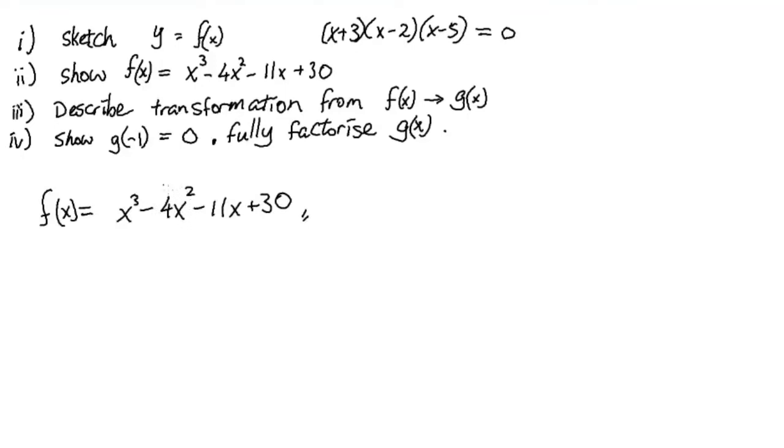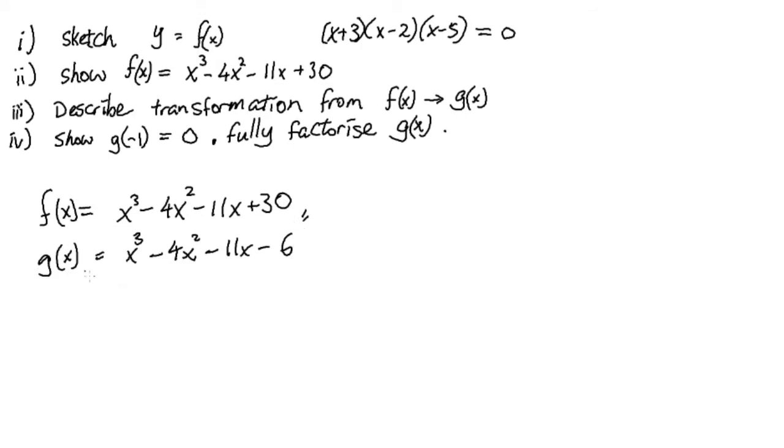For part 3, we want to show the transformation from f(x) to g(x). We know from part 2 that f(x) is equal to x cubed minus 4x squared minus 11x plus 30, and g(x) is given to us by x cubed minus 4x squared minus 11x minus 6.